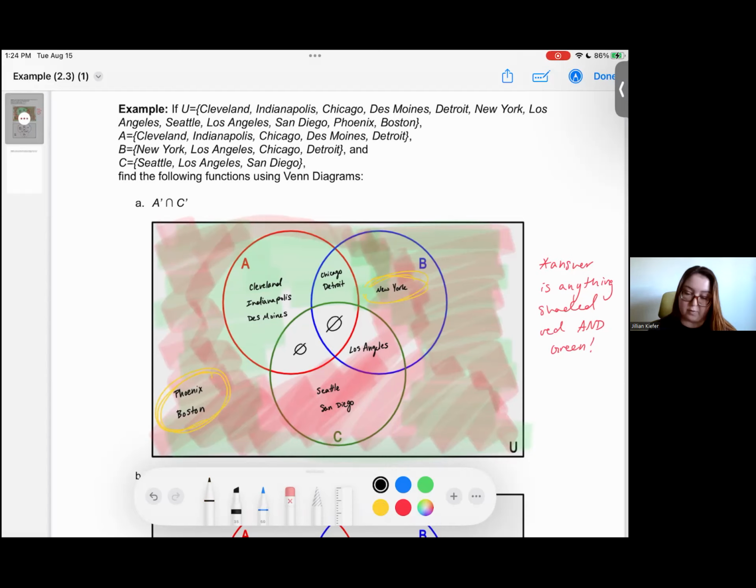So for our final answer here, for the intersection of A complement and C complement, we would say that this is the set Phoenix, Boston, and New York.